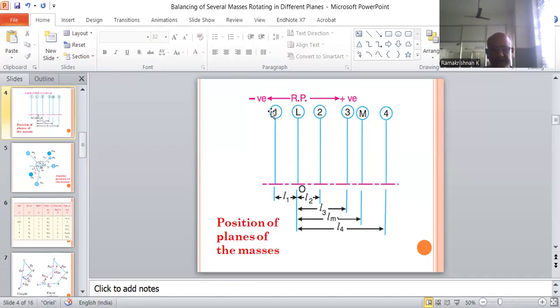A negative distance is used when a plane is on the left side of the reference plane. When a plane is on the right side of the reference plane, the distance is regarded as positive. So we adopt this system.